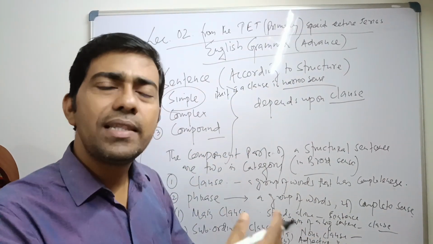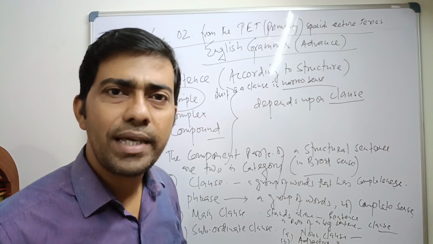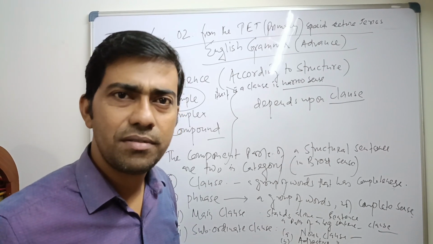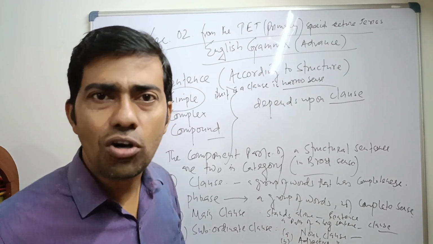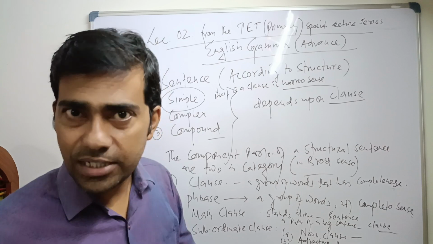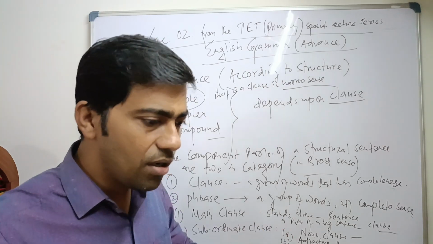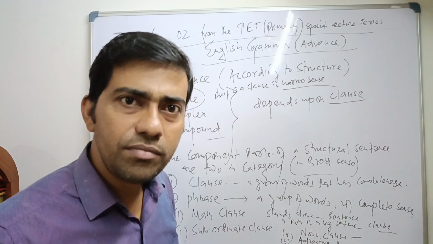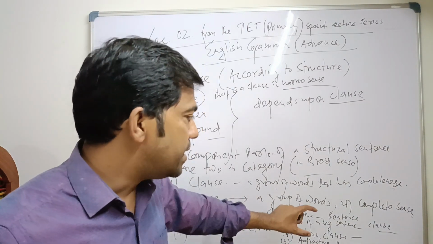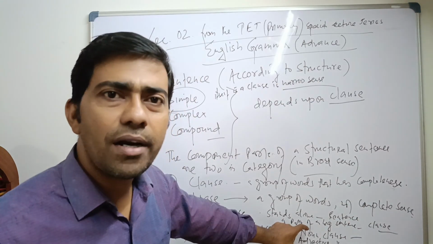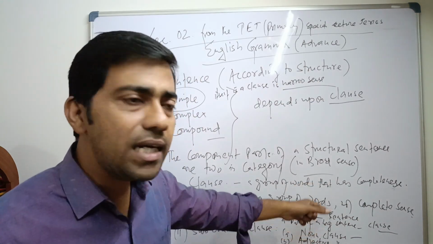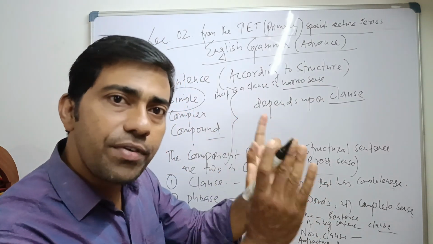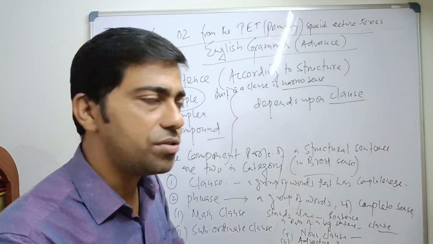So as per their placement in a sentence, in a clause, if we can say in a specific way, then these clauses are named as per their usage in the specific part of a clause.